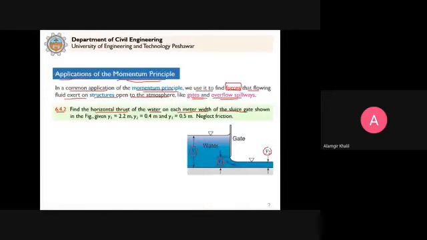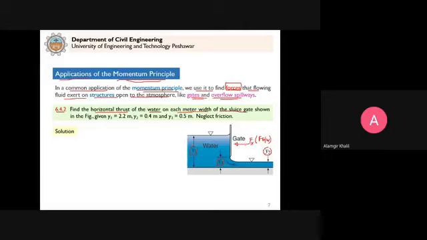So this will be equal to, let's say we assume a force here, this is the assumed direction. This force can be denoted by Fx because it is in the horizontal direction, or it can be denoted by the force of gate on water.